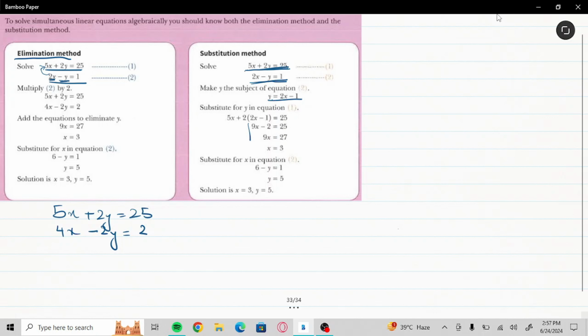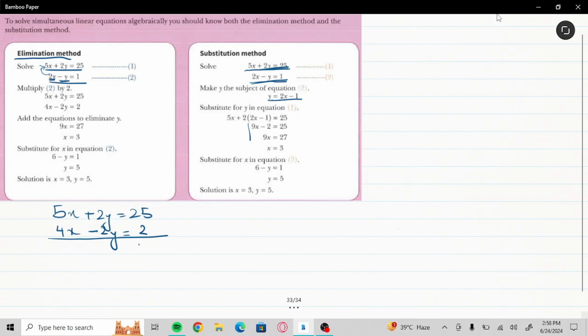Okay, so what next is we add these. 25 plus 2. It's not fixed what we do; it depends on the sign of the variable or the constant. Okay, so they both are positive.